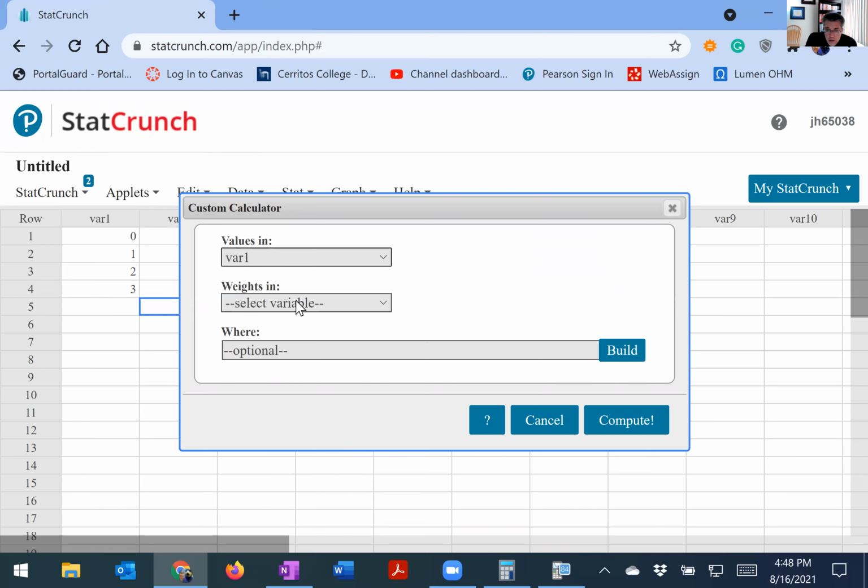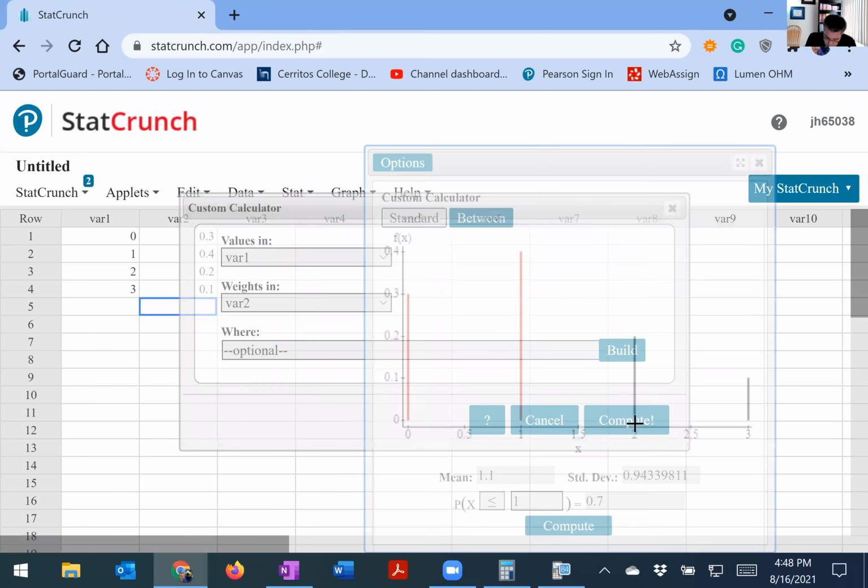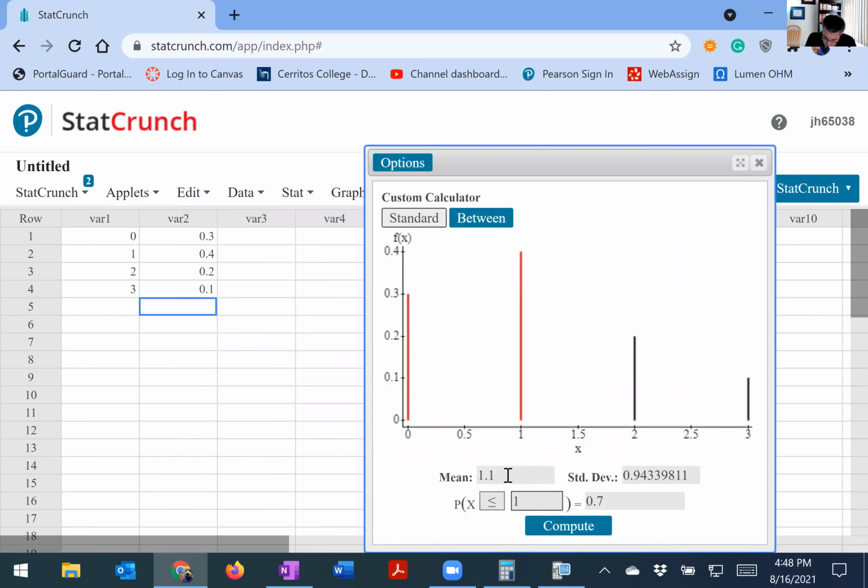The weights are the probabilities, var2. Then I click compute. It gives me the mean and the standard deviation. The mean was 1.1 and the standard deviation was 0.943.